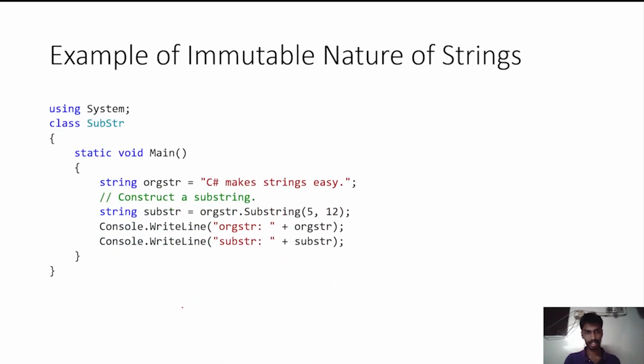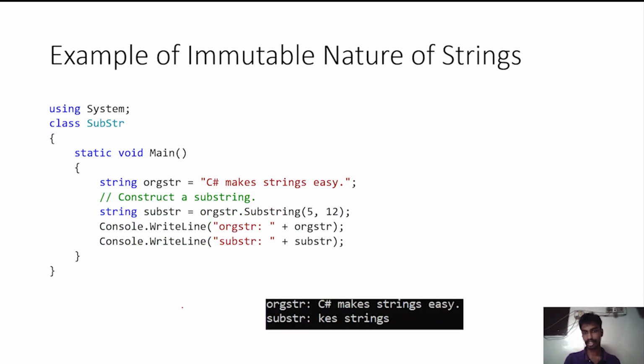So let's understand it with the example. Here we are using the Substring method. What Substring basically does, as the name suggests, is create a substring of an already existing string. That is, if we want to use a part of the already existing string, then we can make use of Substring.